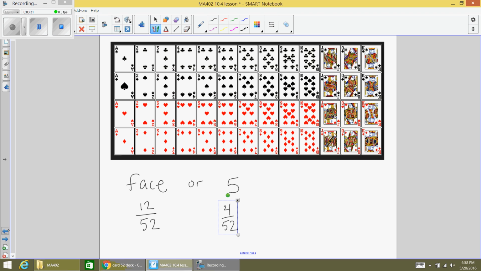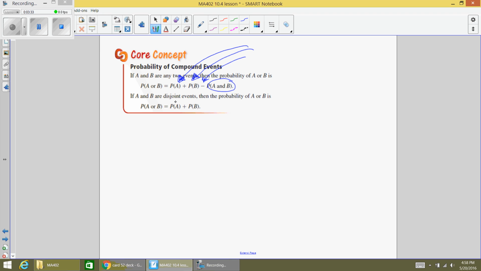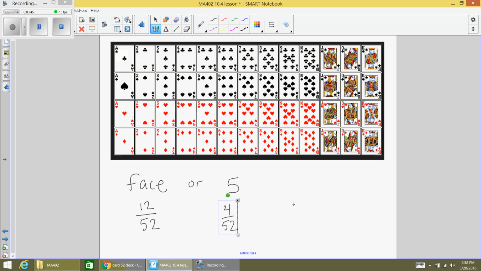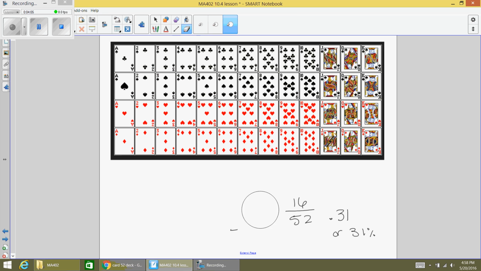No, there's not. So they are disjoint events because they are not overlapping. They never happen at the same time. And all we do is simply add the events. So we'd come over here and we would get 16 out of 52. Hey, that's a nice coincidence. And that would be 31%. Okay, so that is what disjoint is and overlapping. So now you are ready for our examples.